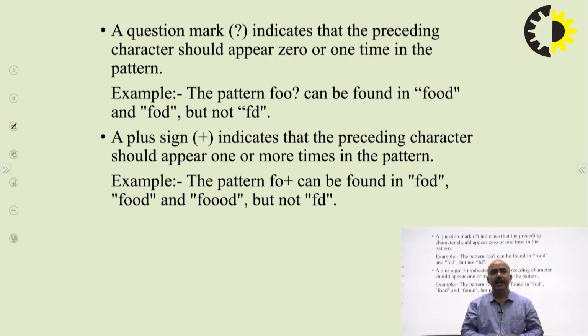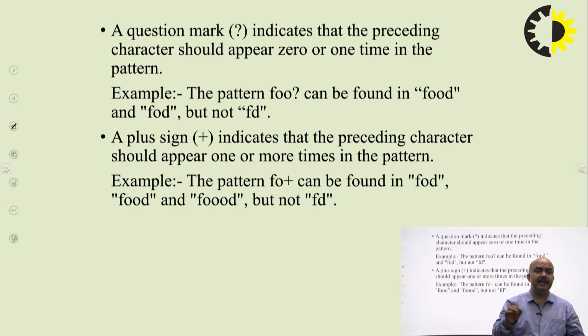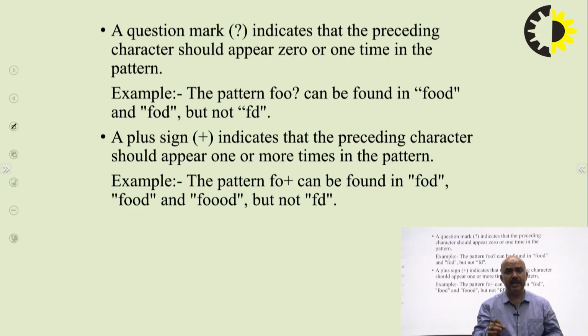Another regular expression is the question mark, which indicates that the preceding character should appear zero or one time in the pattern. It means that either that character is not available, or it appears one time in the given input text.